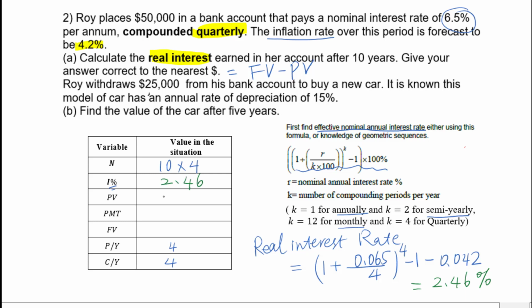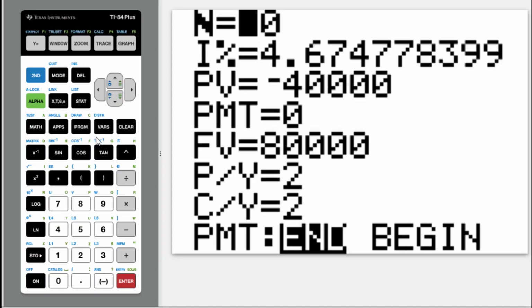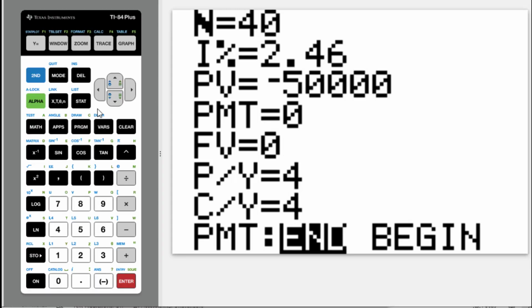Then present value will be negative $40,000. PMT is 0. Future value is something we are looking for, so we put 0. On the graphing calculator for TVM Solver, move the cursor to future value, alpha, enter.